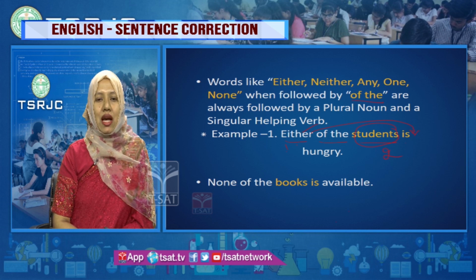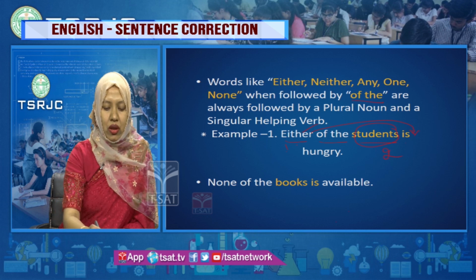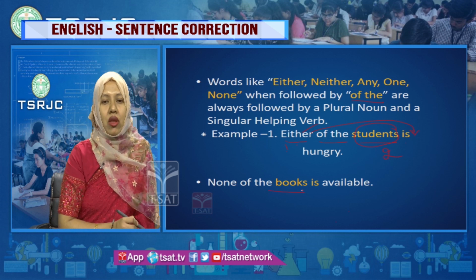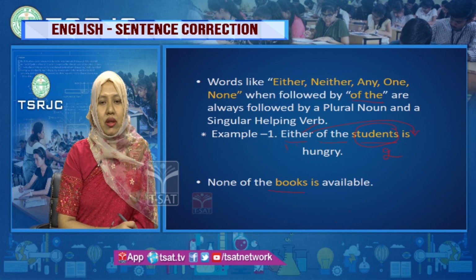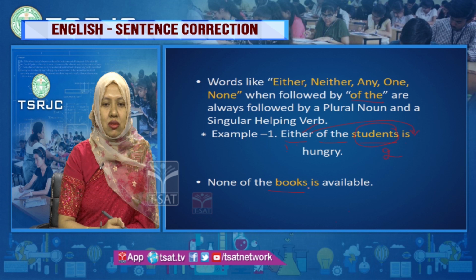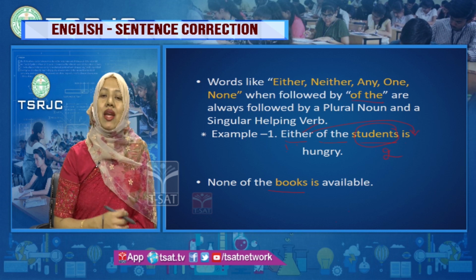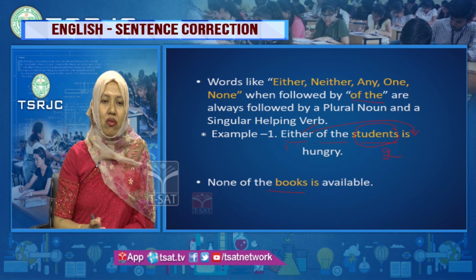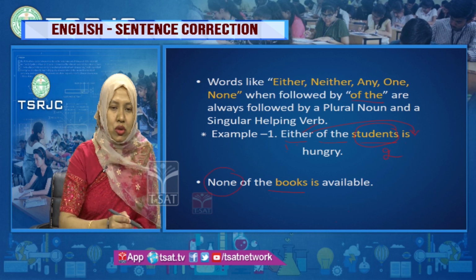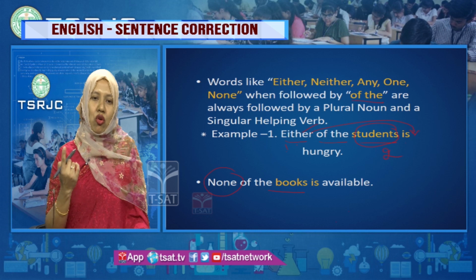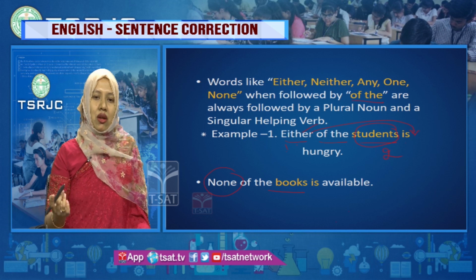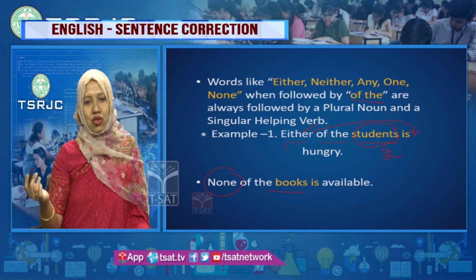None of the books is available. Now you have gone to the shop or library, you wanted to purchase books. The books which you want to buy, those are not available. So how will you say it? None of the books. Out of many books, not even one book is available on the shelves in the library or in the shop.